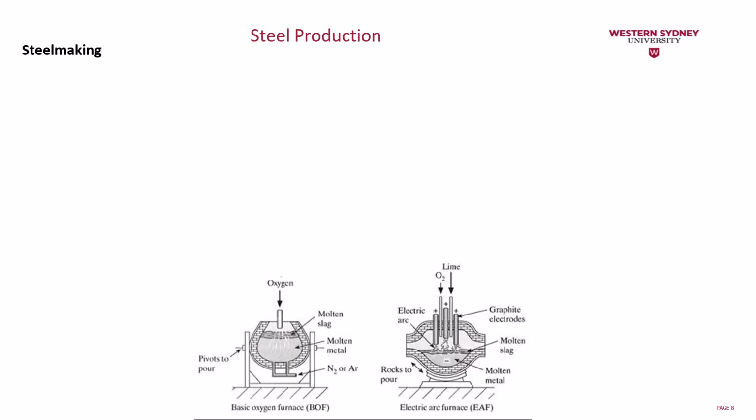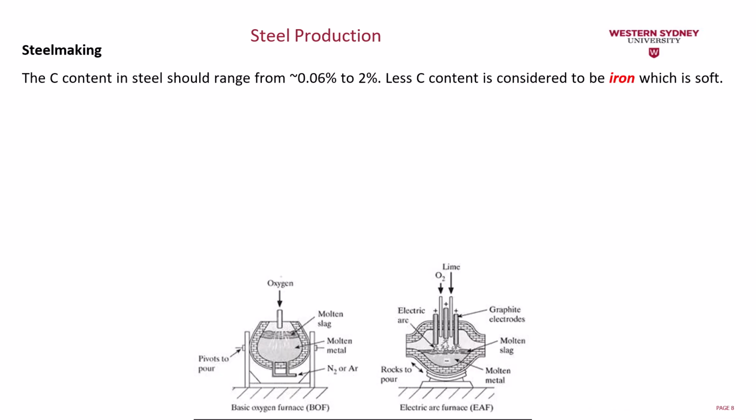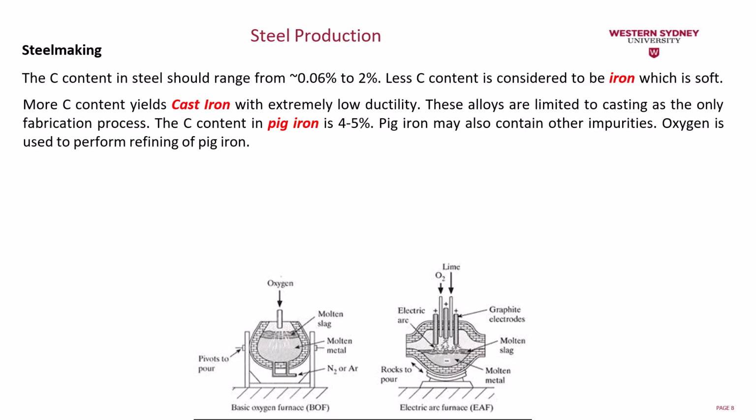Now we go to steel making. The carbon content in steel should range from about 0.06% to 2% maximum. Less carbon content is considered iron, which is soft. More carbon content yields cast iron with extremely low ductility, so it's going to be more brittle.